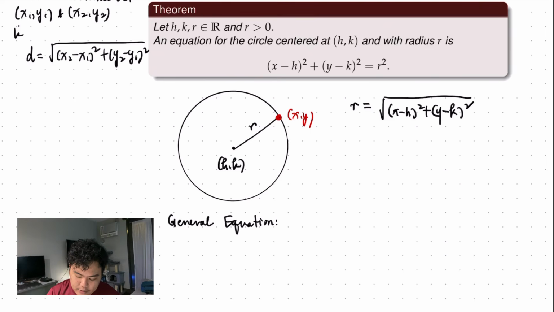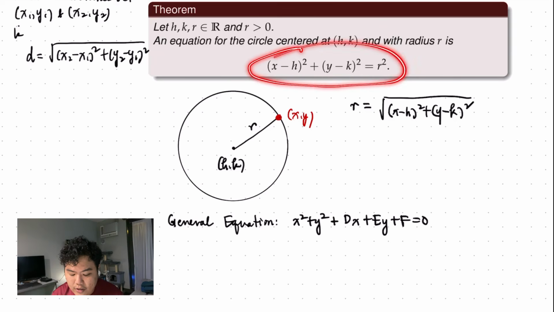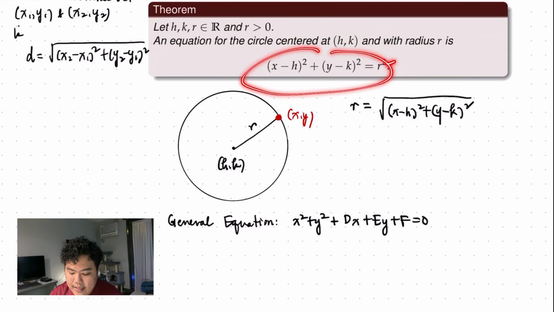So, magiging itsura niya is something like x^2 + y^2 + a constant times x + a constant times y + a constant = 0. So, yun yung general form or general equation ng circle. Although, hindi obvious yung kung ano yung center, ano yung radius, hindi katulad nitong form na to.